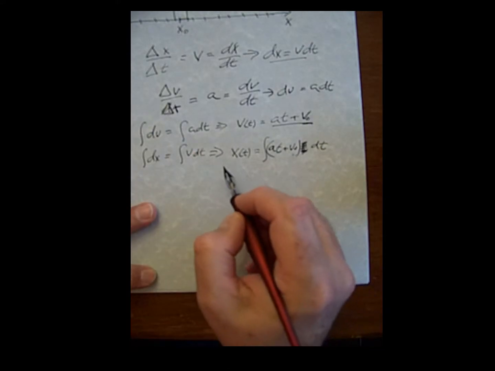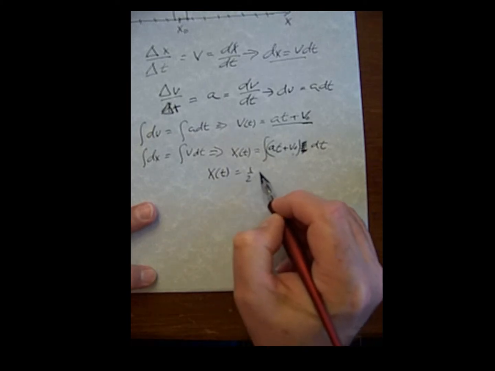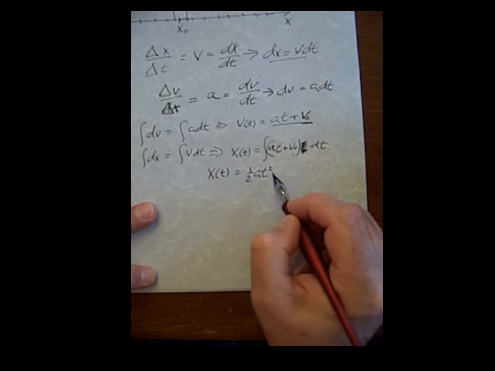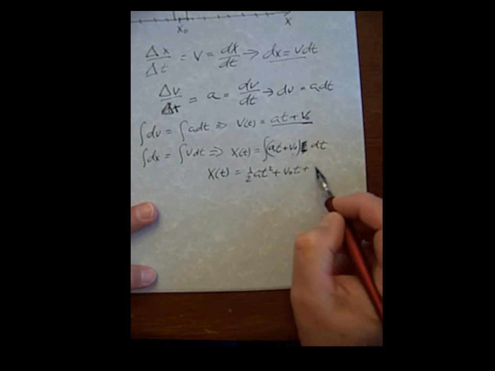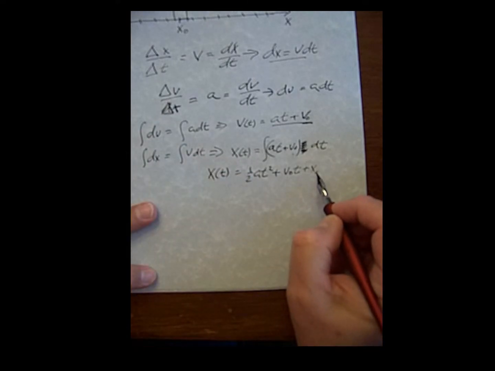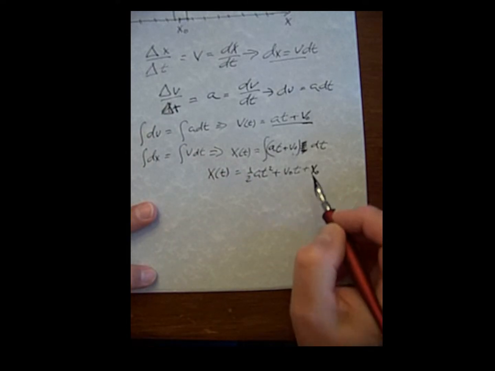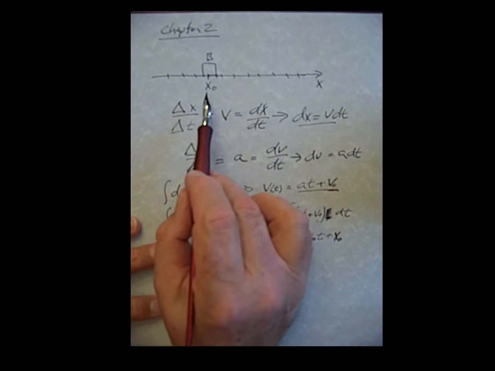And then if we take the integral of that, we get 1/2 a t squared plus v0 t plus, again, an arbitrary constant, x0, which is our initial position, which we can see right here.